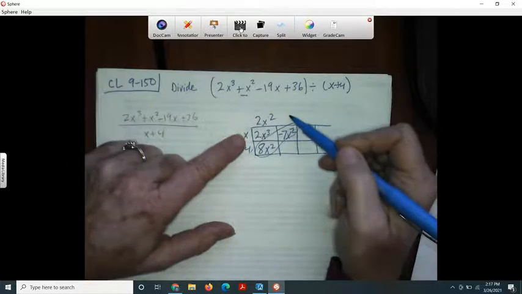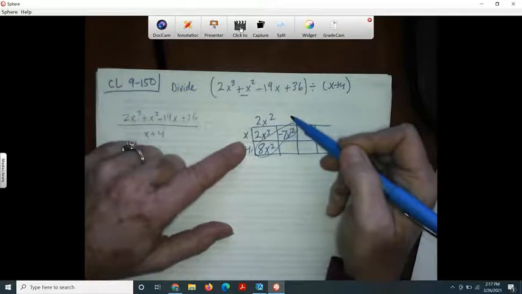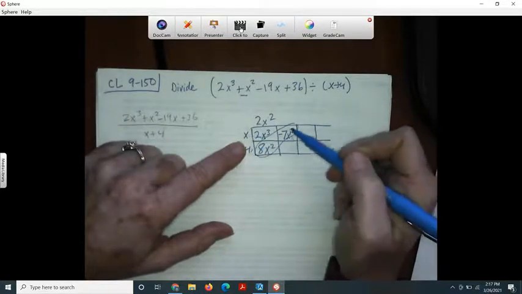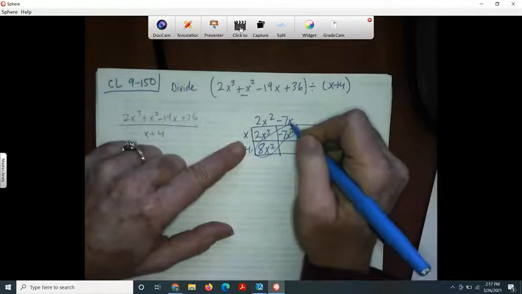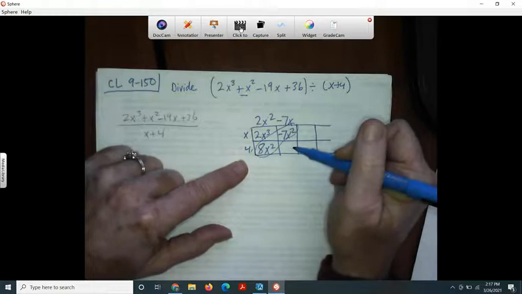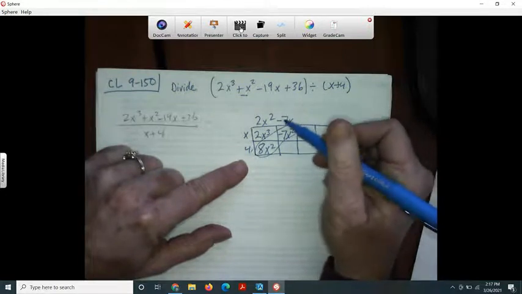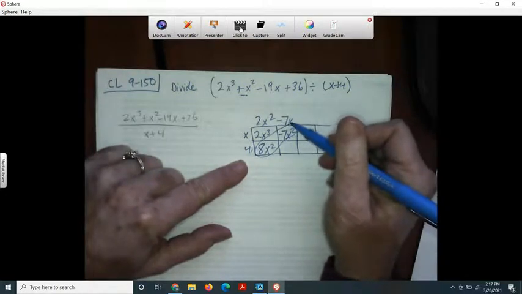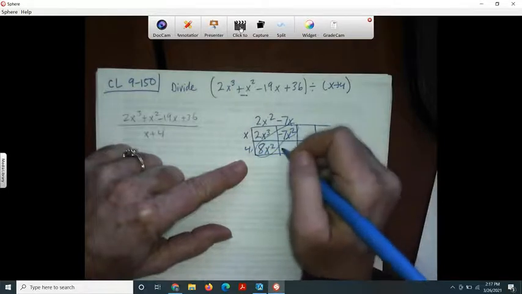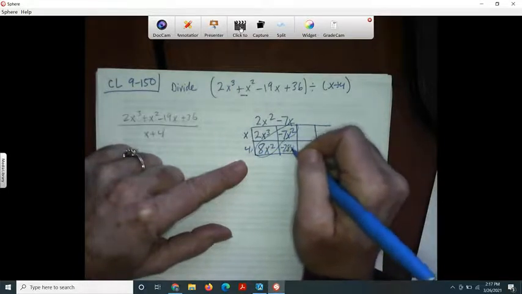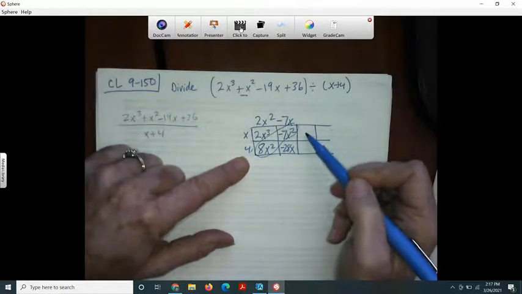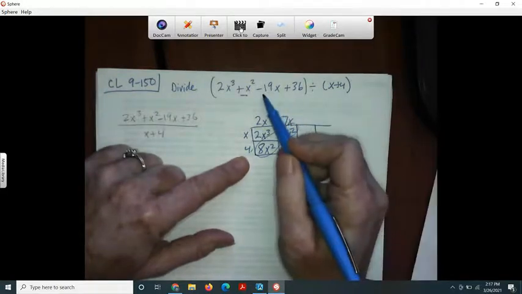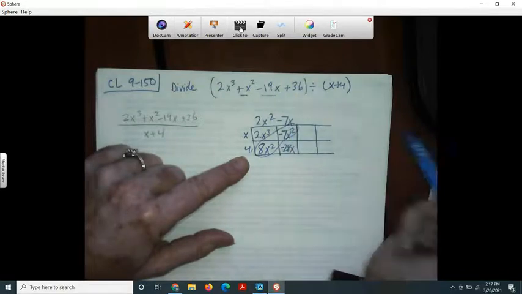Up here, this is whatever I would have to multiply by x to get what's inside, so this would be negative 7x. Then in this box, I have to multiply negative 7x times 4, which is negative 28x. Then the negative 28x plus something has to equal this x term right here.